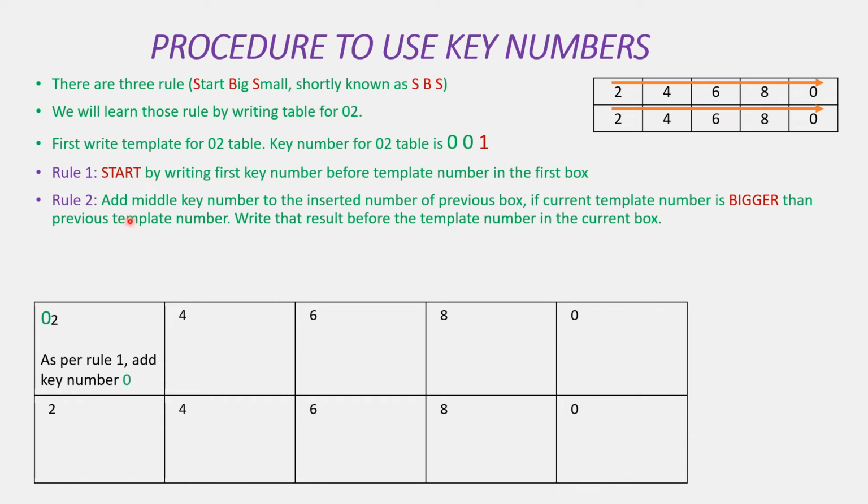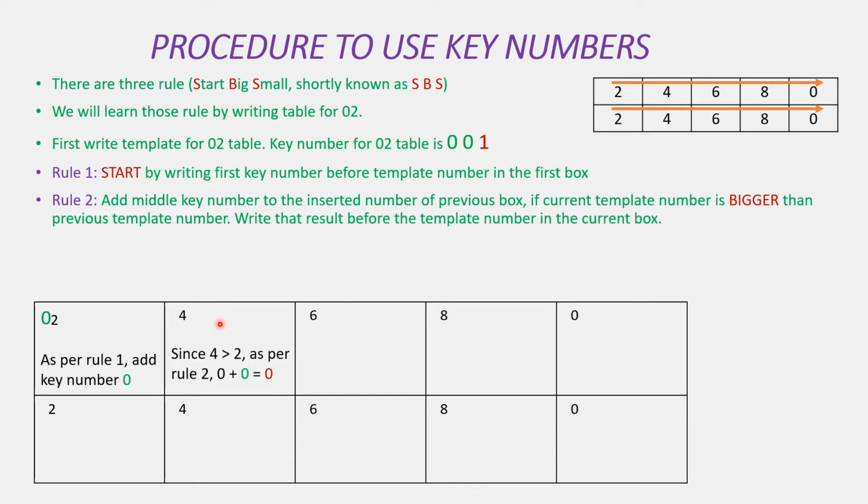Rule 2: Add middle key number to the inserted number of previous box if current template number is bigger than previous template number. Write that result before template number in the current box.